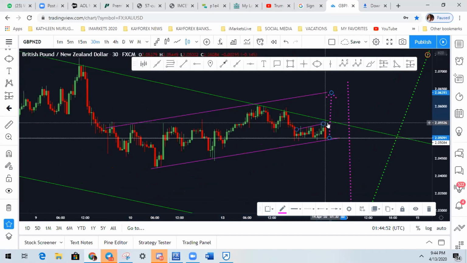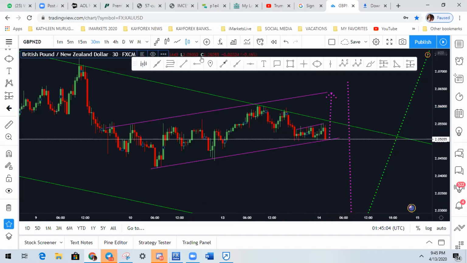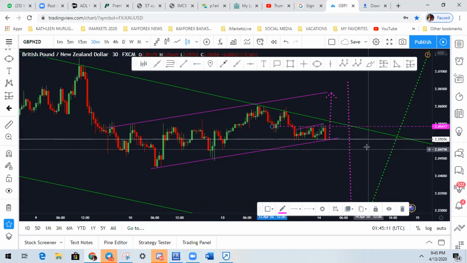Because price pretty much is resisting there. So I think it's probably going to push up one more time and test at least that area. This area here, because of this one here. See that? Yeah, the midriff of that M.